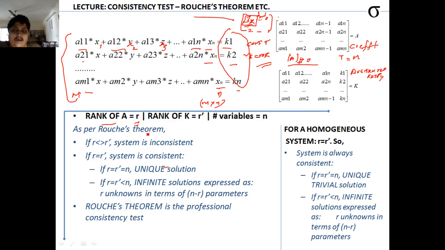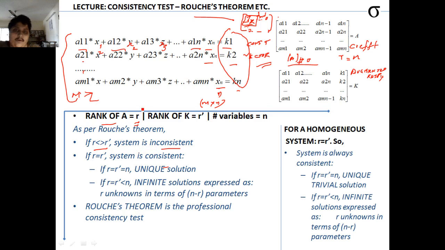Now what Rouche's theorem says is that if R is not equal to R dash, then the system is immediately inconsistent. Bang. That is, if the rank of your coefficient matrix varies from the rank of the augmented matrix, then you can be sure that the system is inconsistent.